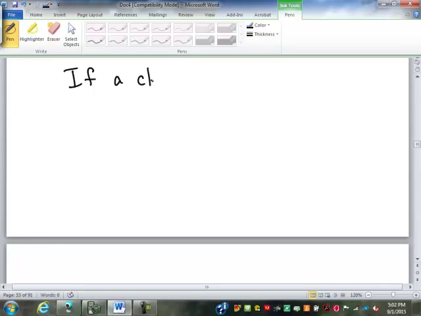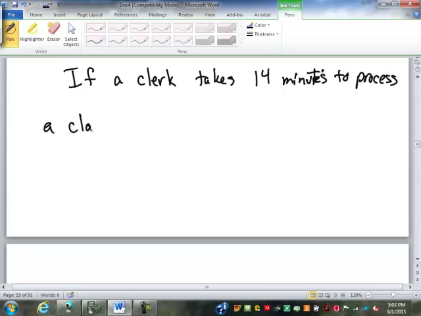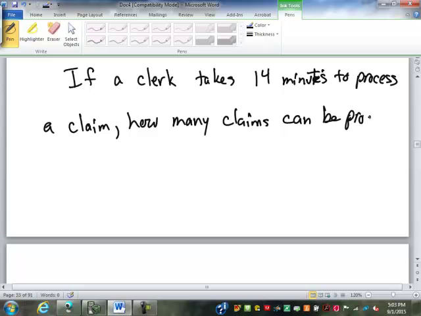If a clerk takes 14 minutes to process a claim, how many claims can be processed in 294 minutes?